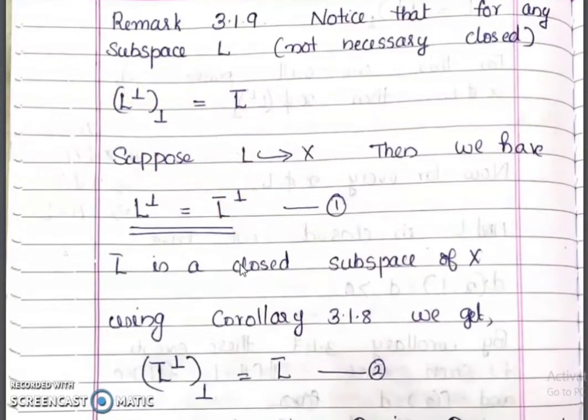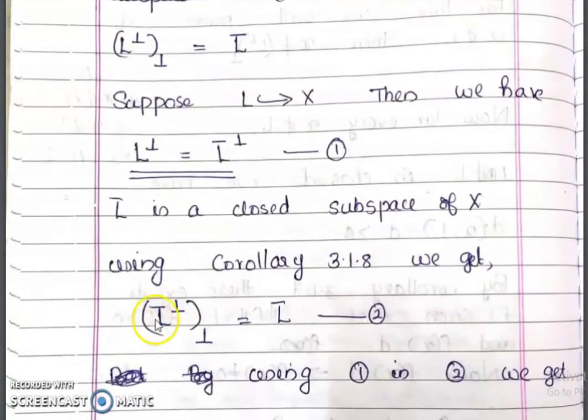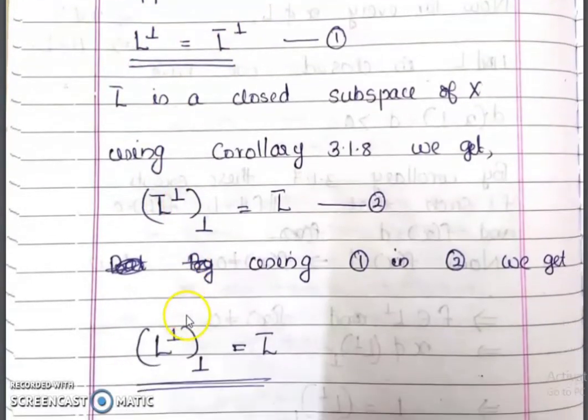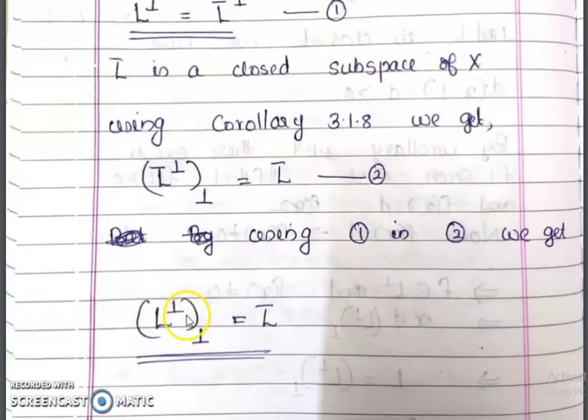Therefore, L closure perp is equal to L closure. But L perp is the same as L closure perp. We apply this here. Therefore, L perp is equal to L closure.